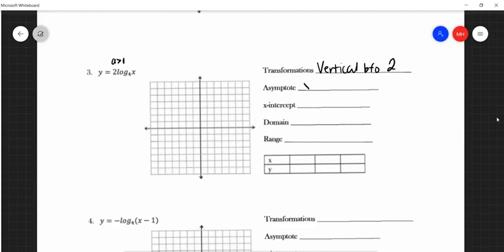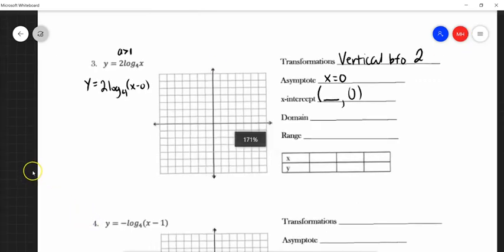For the asymptote, once again, this is x equals 0, because I could say this is y equals 2 times log base 4 of x minus 0. For the intercept, we are some number, comma 0. So when y is 0, x is a number.